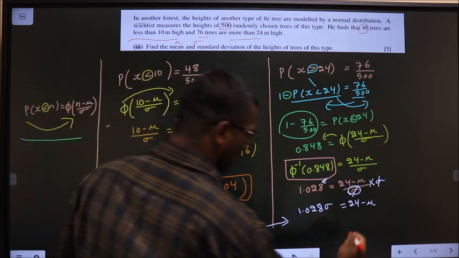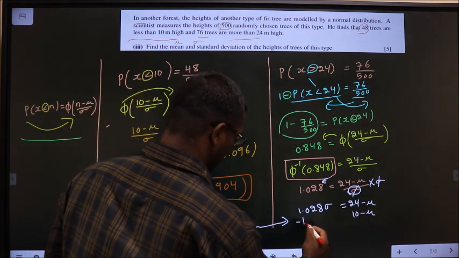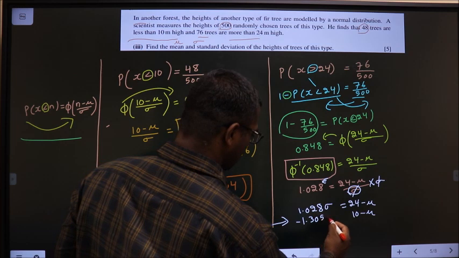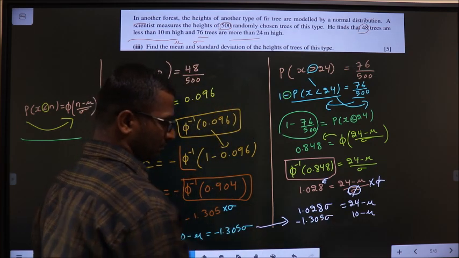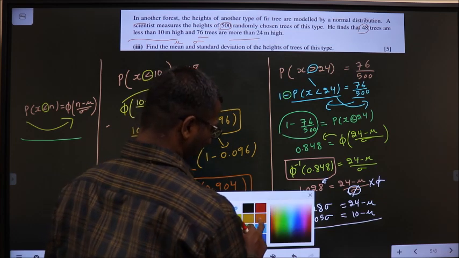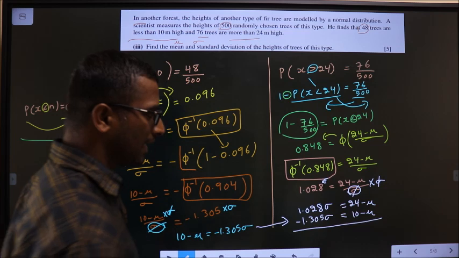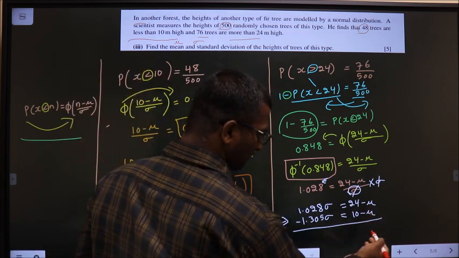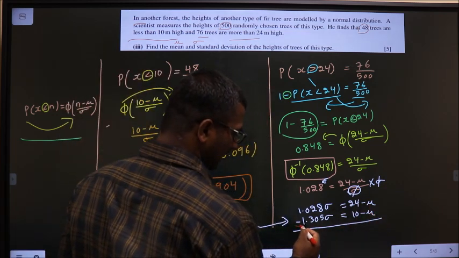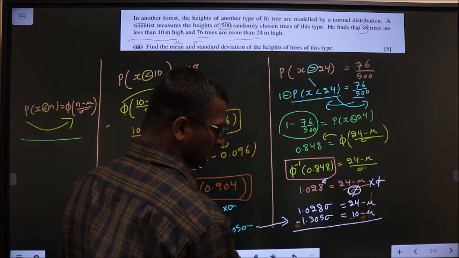So 10 minus mu is here and over here minus 1.305 standard deviation. Clear? Now I have to change the sign such that this mu and this mu will get cancelled. So let us change the sign. Positive, negative, positive. This gets cancelled.